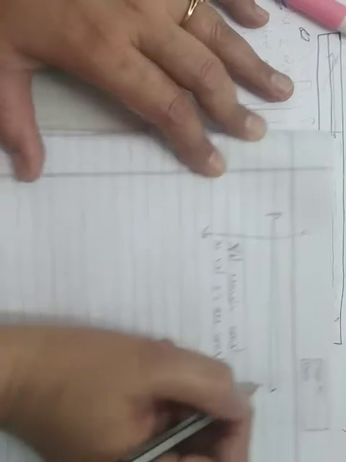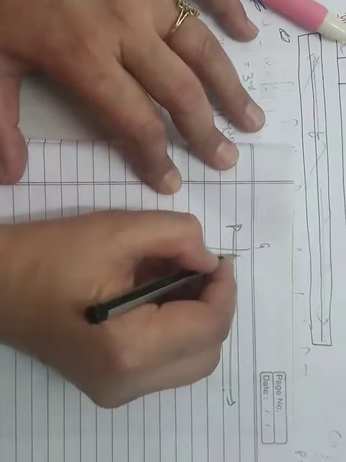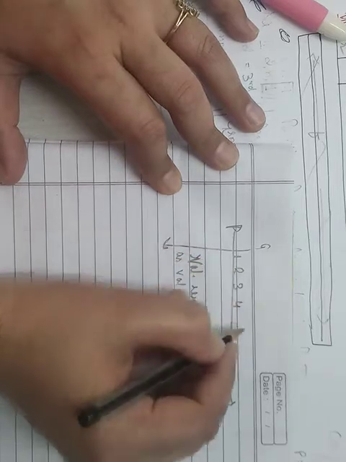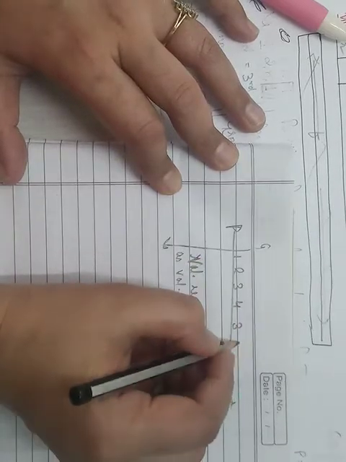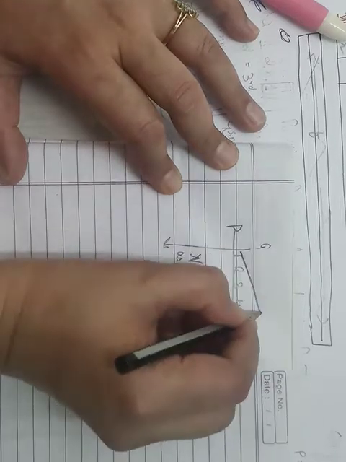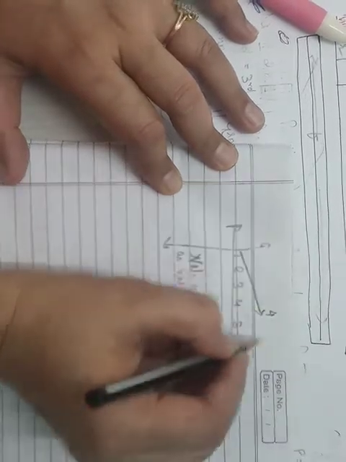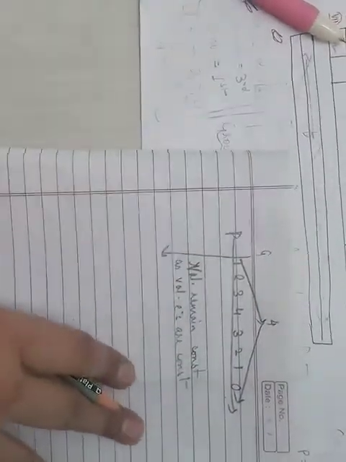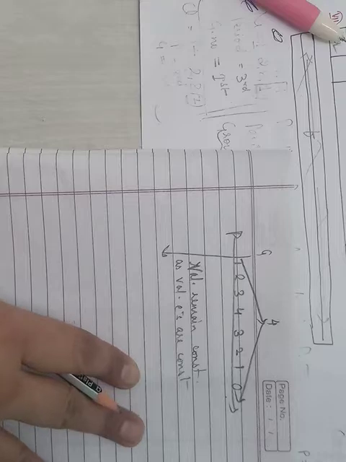But if you talk about a period, it first goes from 1, then to 2, then 3, then 4, then again it comes down to 3, then 2, then 1, and finally it comes to 0. So valency first increases up to 4, and then goes from 4 to 0. So like this the valency changes for a period.